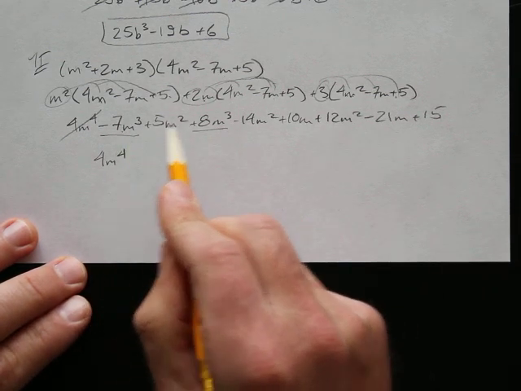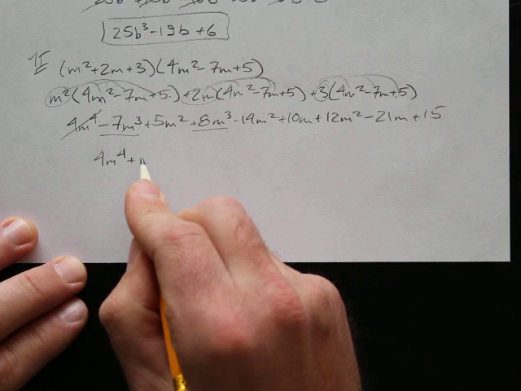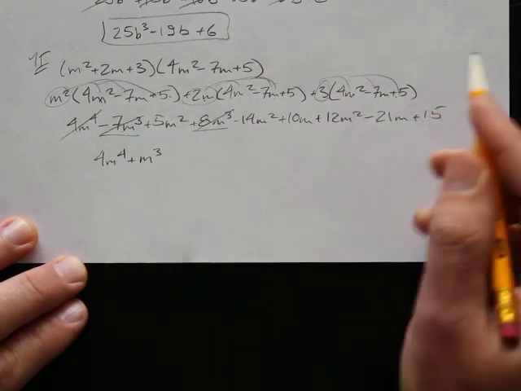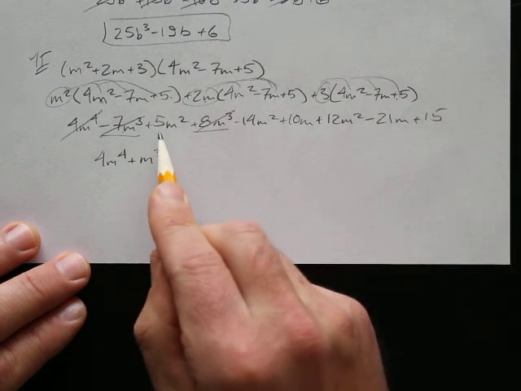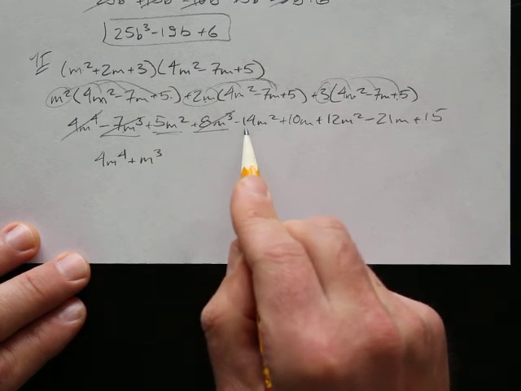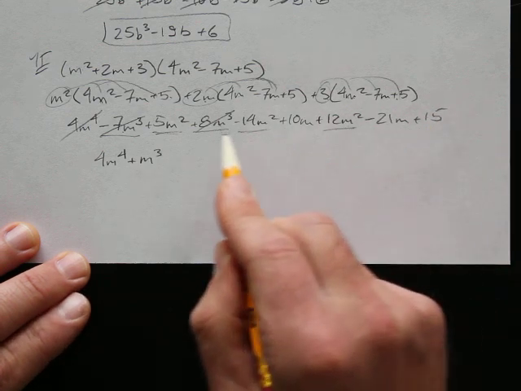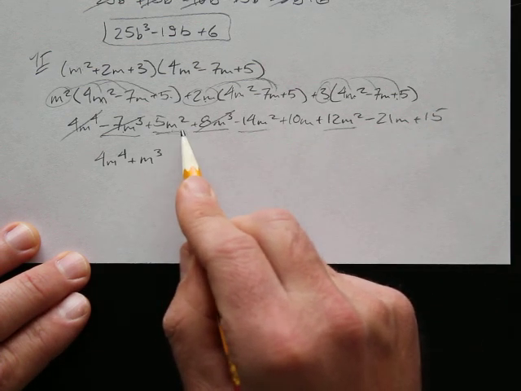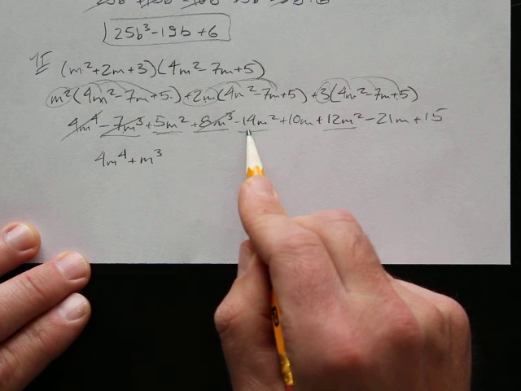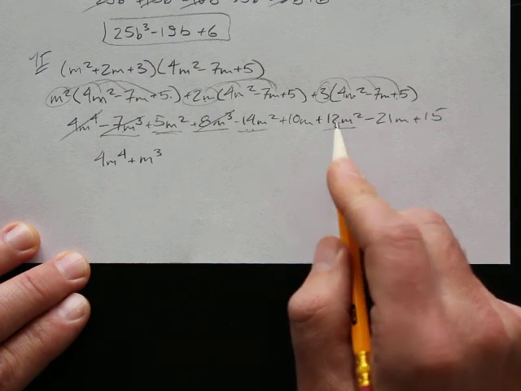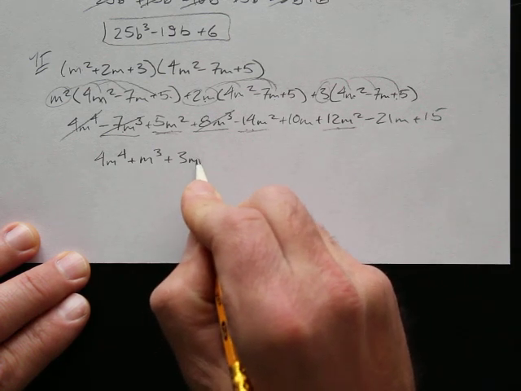So negative 7 and positive 8 is going to be positive 1m cubed. Now I've got 5m squared, negative 14m squared, and 12m squared. Okay, so 5 plus negative 14, that gives me negative 9. Negative 9 plus 12 is positive 3. So I've got positive 3m squared.